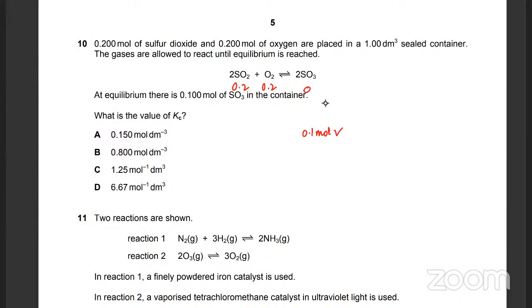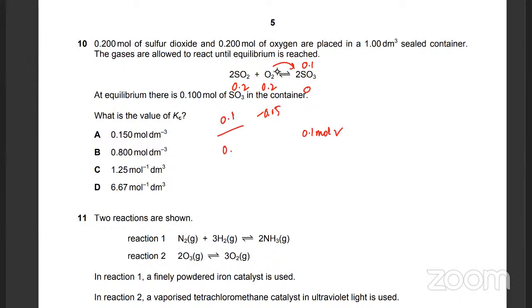Because you had 0 and now you have 0.1, 0.1 got formed. If you want to form 0.1, how much O2 must have reacted? 0.05. So 0.05 must have reacted, and 0.1 of SO2 must have reacted as well.